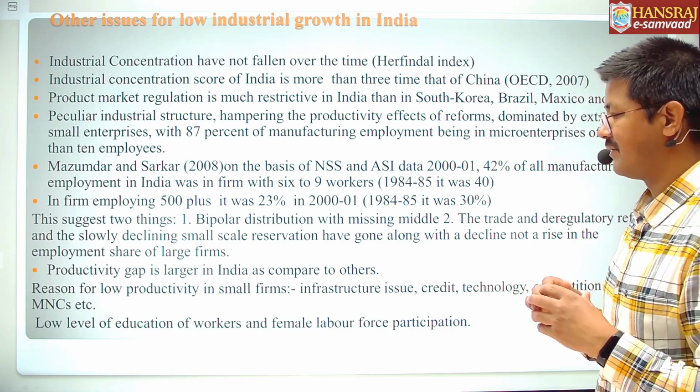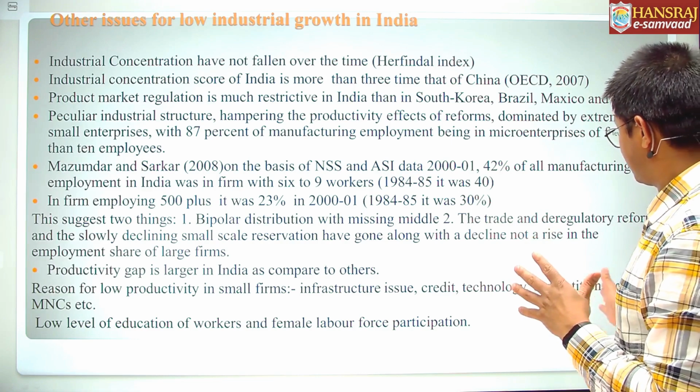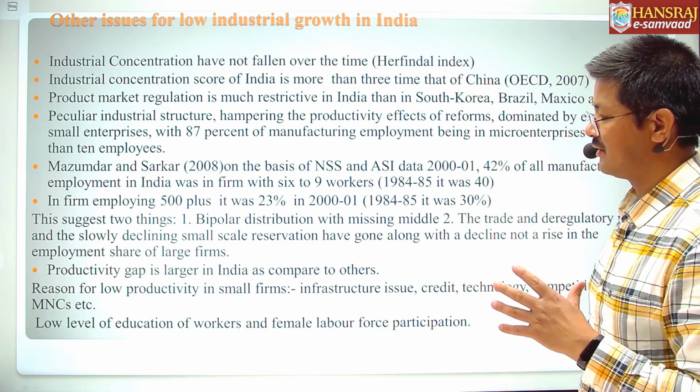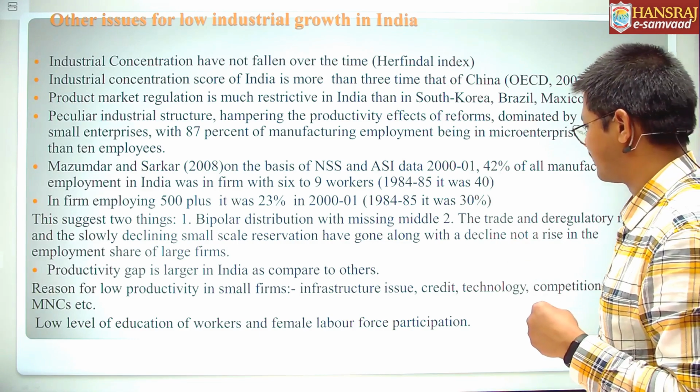Reasons for low productivity in small firms: the infrastructure issue, credit, technology, competition from big MNCs, etc. Low level of education of workers and female labor force participation.